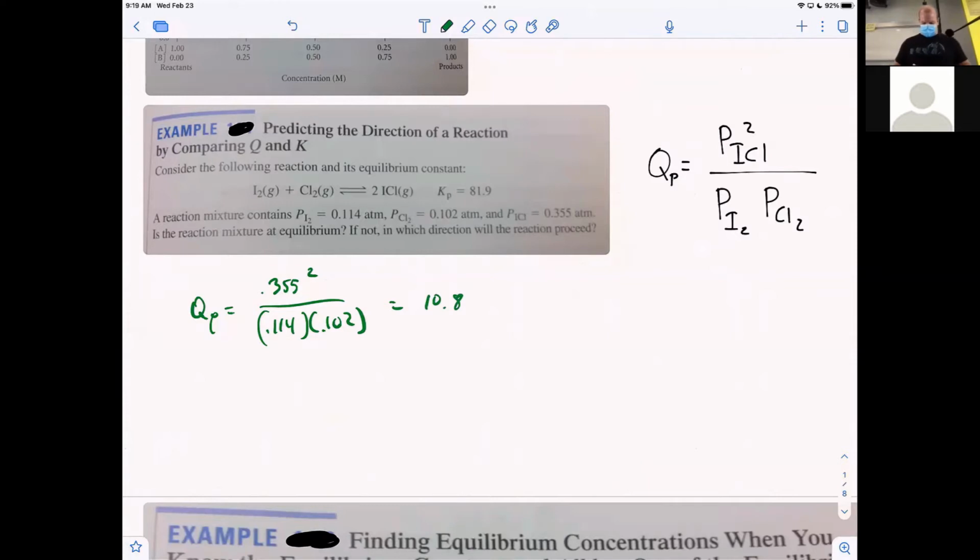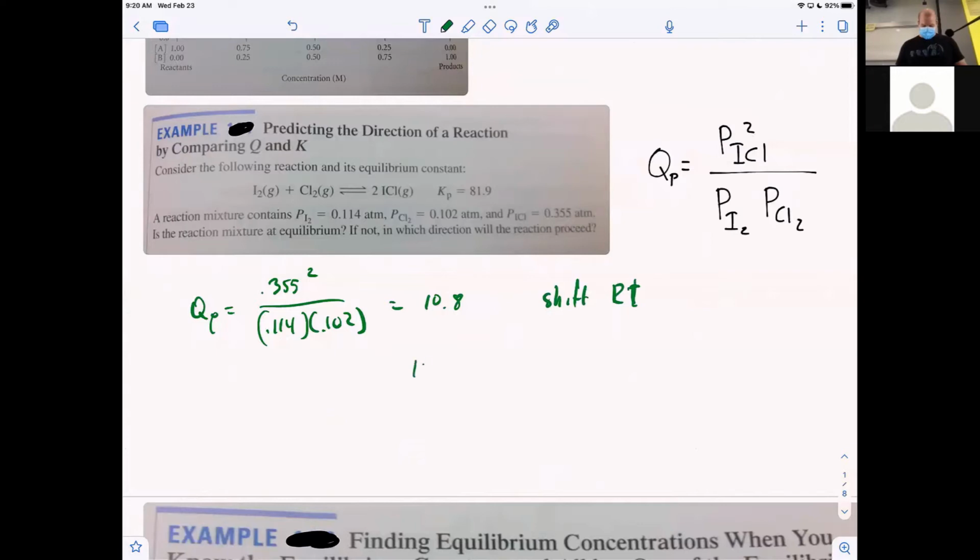Qp is too small. First of all, it's not at equilibrium. Qp is smaller than Kp, which means we have too few products. So the top number needs to get bigger and the bottom number smaller. That means we are going to shift right towards the products.